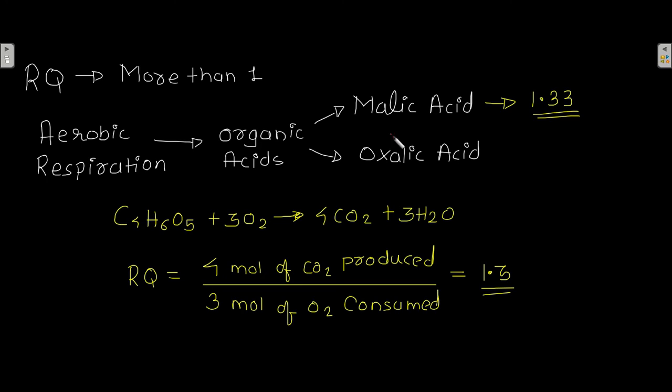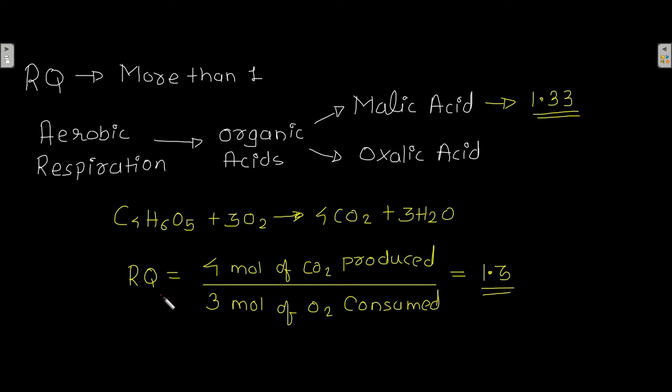Let's consider the example of malic acid. It requires 3 oxygen molecules for its complete oxidation, and when the malic acid is completely oxidized, it produces 4 carbon dioxide molecules and 3 water molecules.